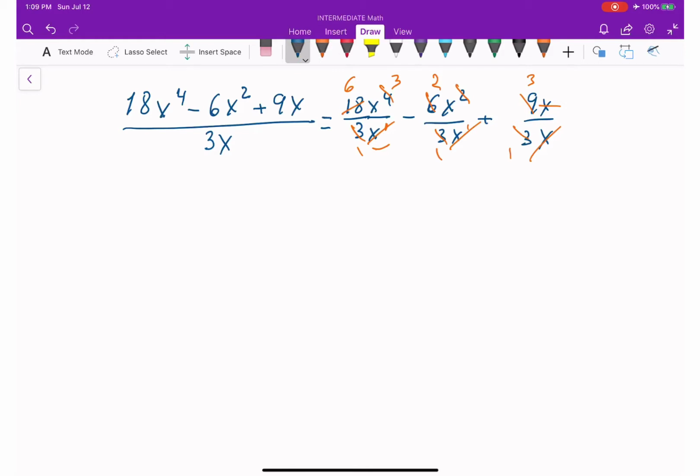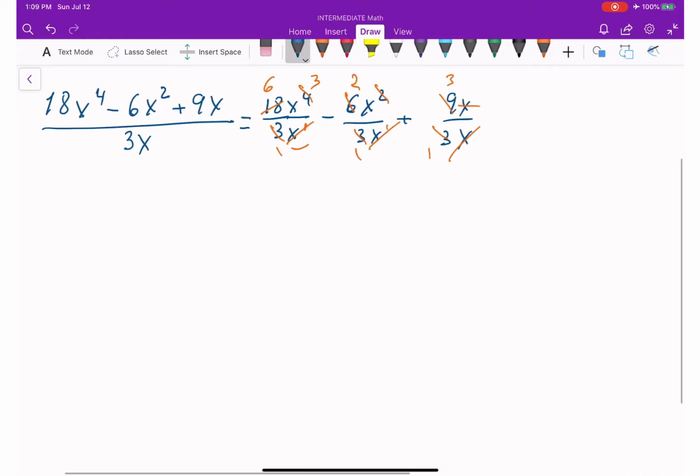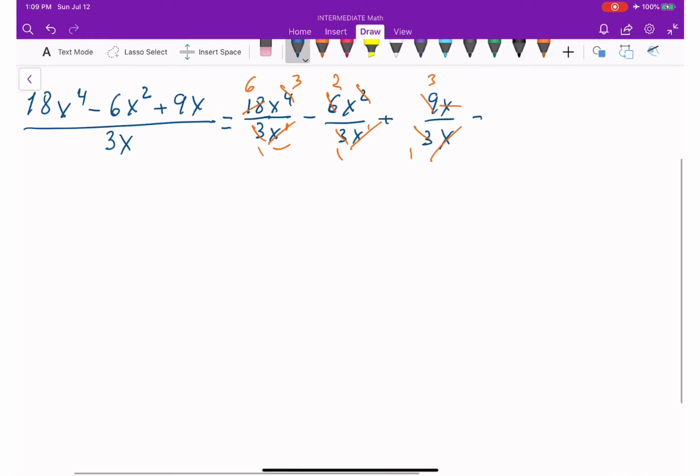So what do we have left? We have left 6x cubed minus 2x and plus 3. Okay?